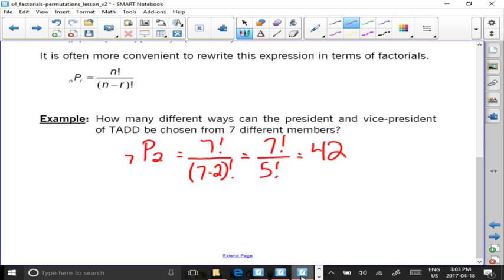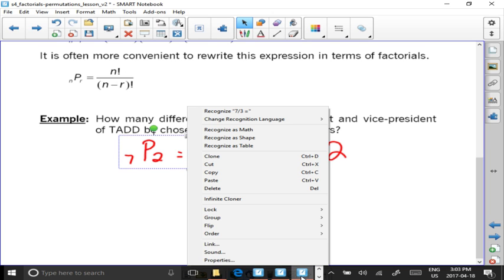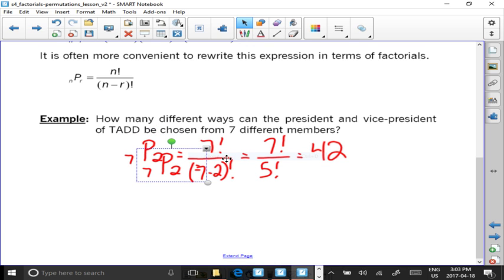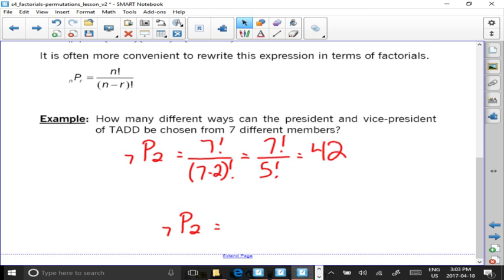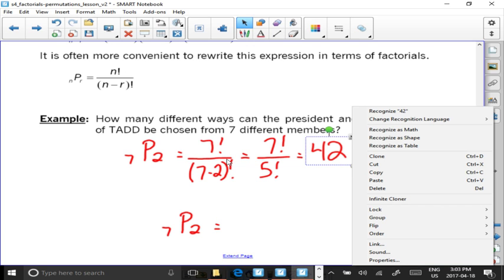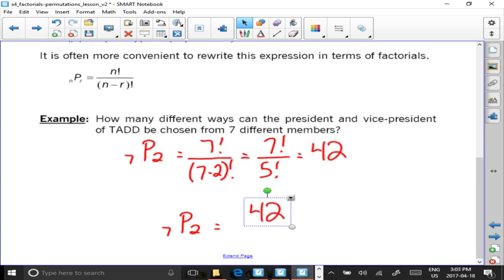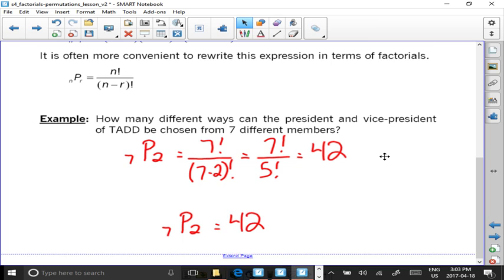To be quite honest with you guys, if you showed this work on a quiz, you did 7P2 equals, and then you just wrote 42, and you didn't show me any of this work right here, I'd be okay with it.